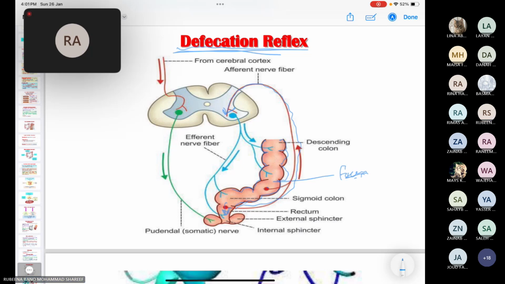And in response to this, what will happen? I told you that there should be contraction of the rectum. There will be relaxation of internal and external anal sphincters. Then and only then is the defecation process possible, right? So because of this stretching, there will be relaxation of the internal anal sphincter, but the external anal sphincter is still contracted.